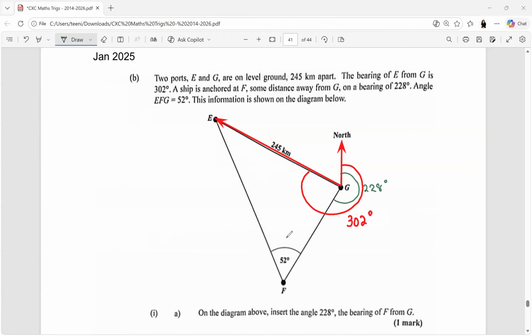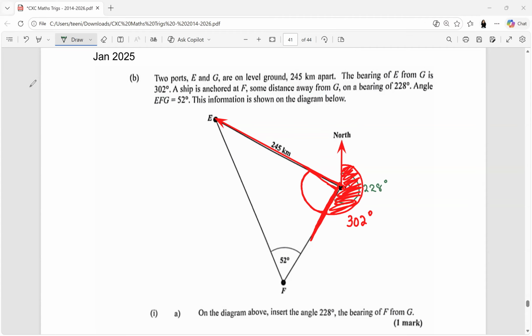So if that whole thing is 302 degrees, and this part is 228, I can find out what this part is, which is the angle within the triangle here, by saying 302 take away 228. And that gives me 74 degrees.